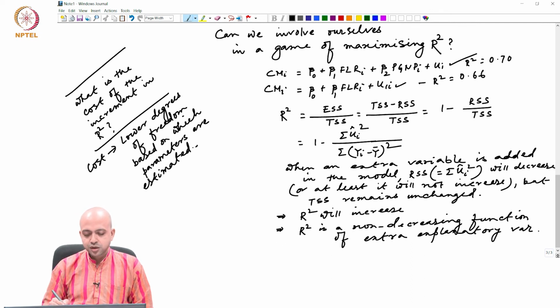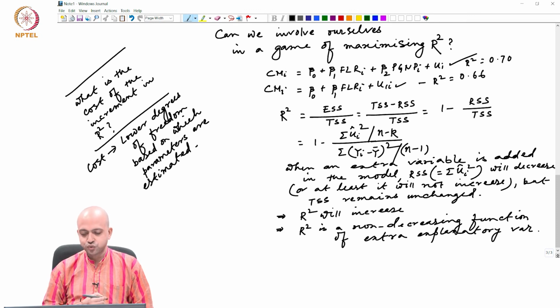That means we have to adjust this R square, that is the numerator and denominator, with their corresponding degrees of freedom. What is the degrees of freedom for this RSS? As you know, this is n minus k. What is the degrees of freedom for the denominator?